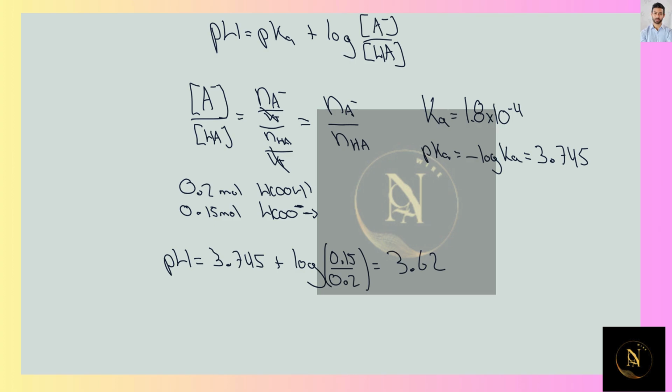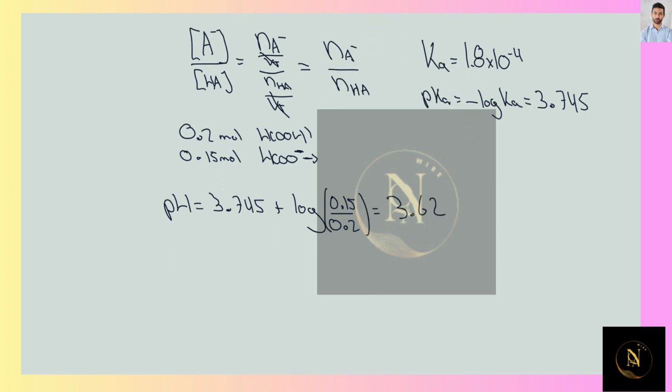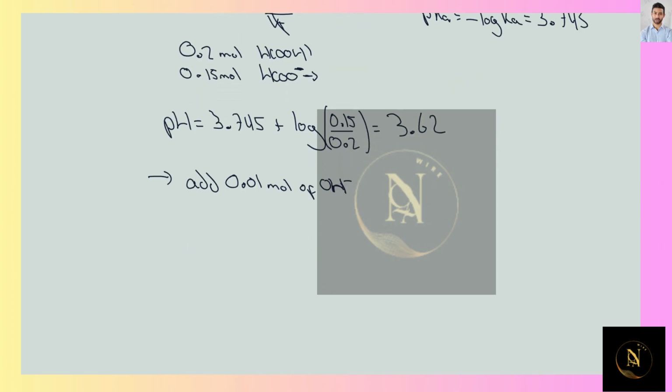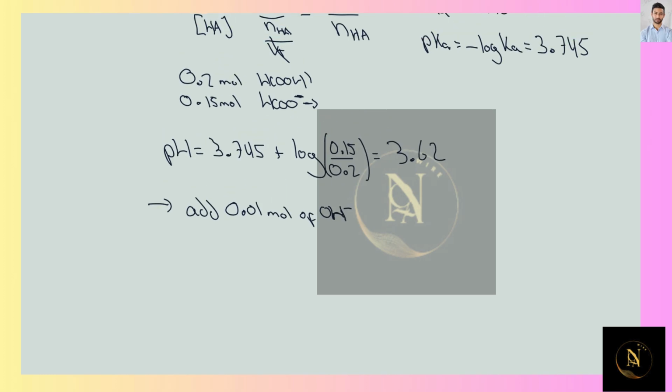Now let's see what happens when we add 0.01 mole of OH minus of sodium hydroxide. What we can see is that OH minus is going to react with the acid, right? So we have HCOOH plus OH minus reacting to produce HCOO minus.